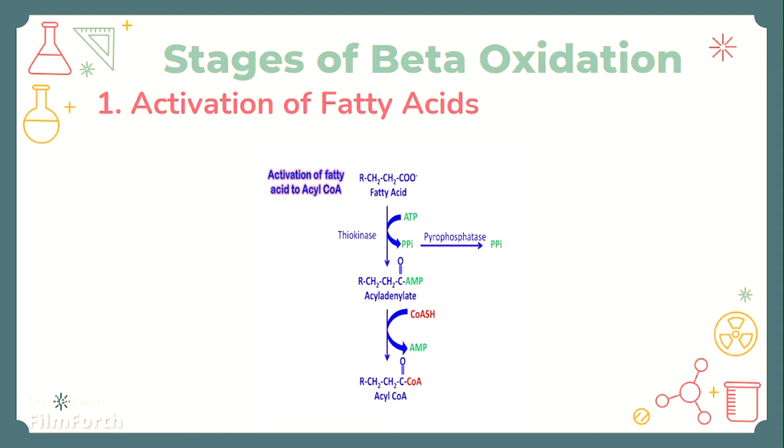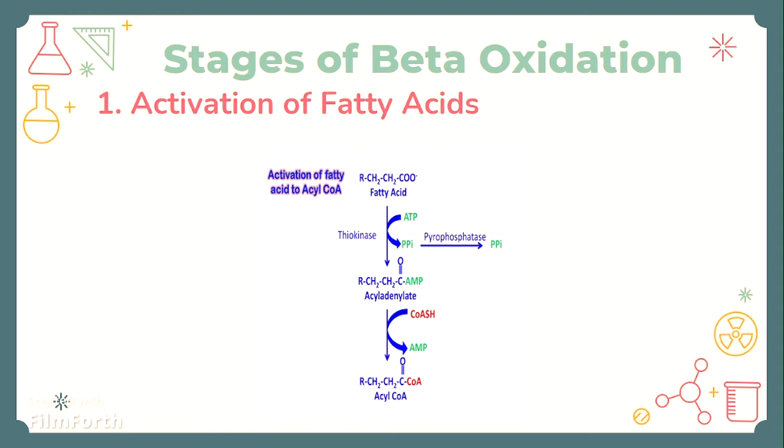As you can see in the picture, fatty acids are activated to acyl coenzyme A by thiokinase or acyl coenzyme A synthetase. The reaction occurs in two steps and requires ATP, coenzyme A, and magnesium.